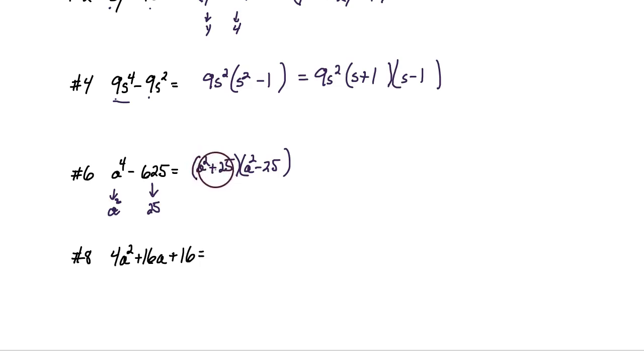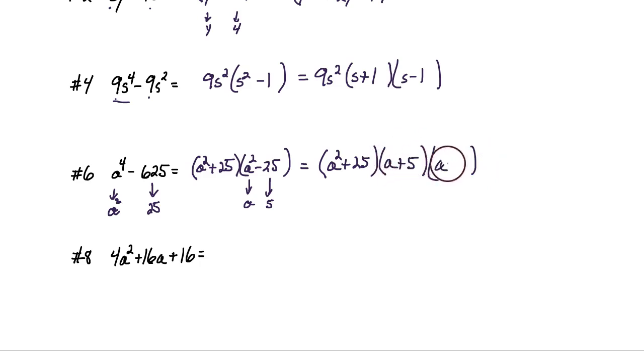But it's not a difference. It has a plus sign. This other one is a difference of squares. Hopefully you recognize that you can take the square root of a squared getting a, and you can take the square root of 25 getting a 5. So our final answer begins with a squared plus 25, but the a squared minus 25 will factor into 2 sets of parentheses. A plus 5 times a minus 5.